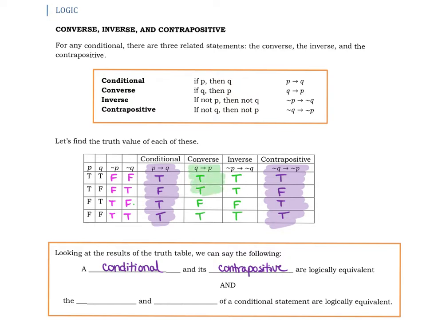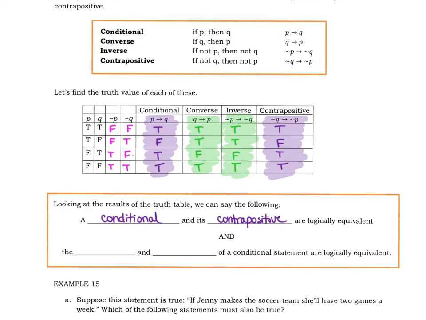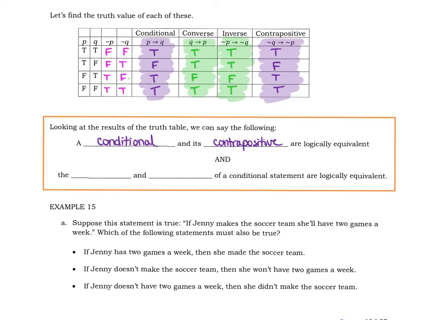Similarly, the converse and the inverse have the same truth values. And so looking at those, the converse and the inverse are logically equivalent, okay? Now this comes into play a lot whenever people start saying things in sometimes not so natural ways, and you start to wonder, wait a minute, do those even mean the same thing?